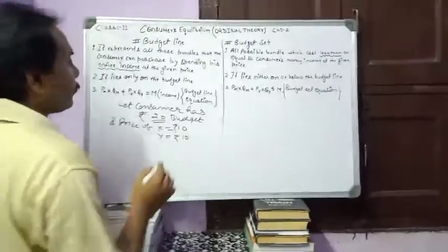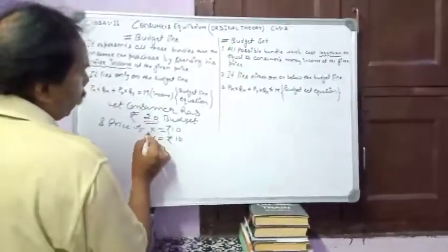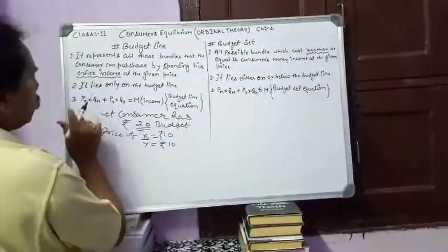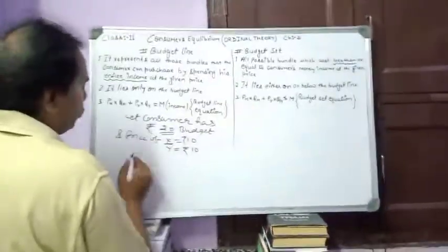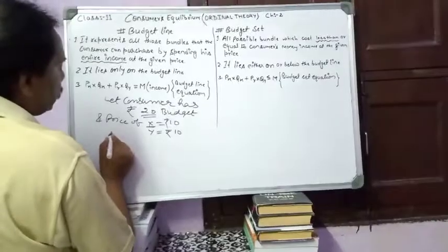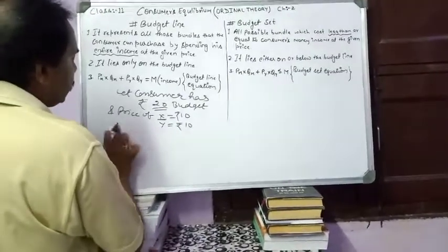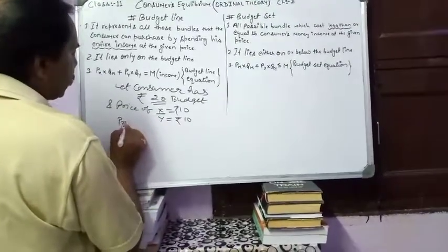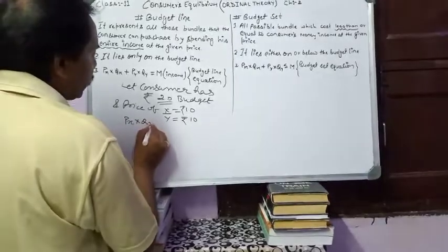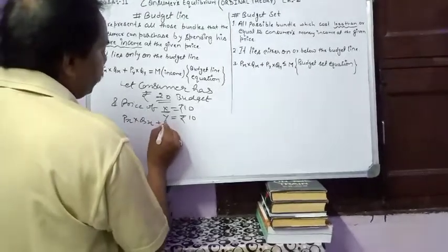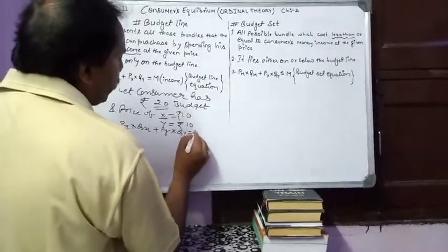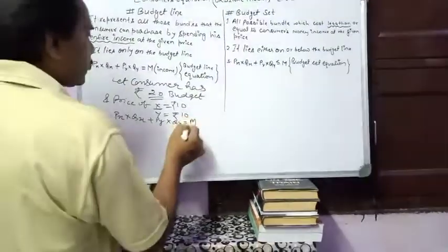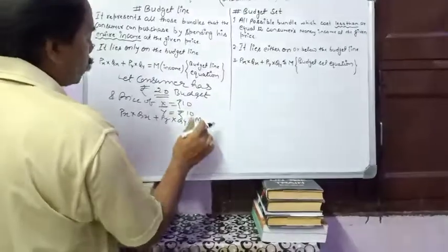So according to the equation Px into Qx plus Py into Qy is equal to M, M is the budget, that is equal to 20.